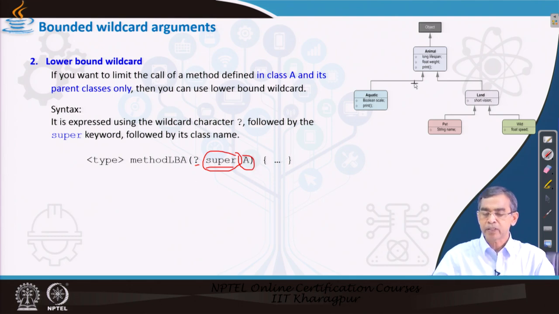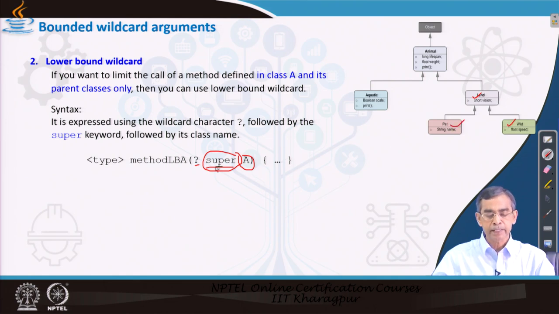So, what is the concept? If for a particular method defined in any class you use an upper bound, this means that the method has its scope belonging to this class or any of its subclasses. So, if we define a method here with an upper bound argument, then that method has its scope belonging to this class as well as any of its subclasses.